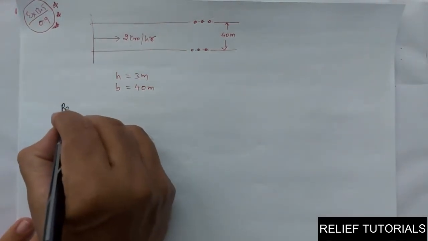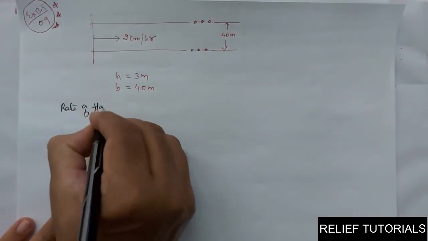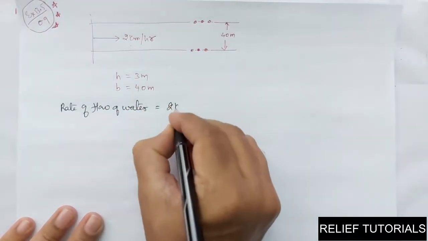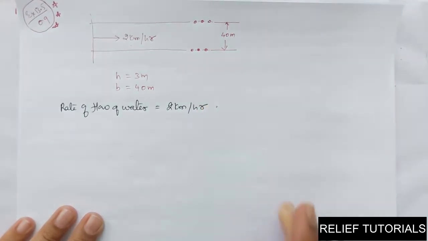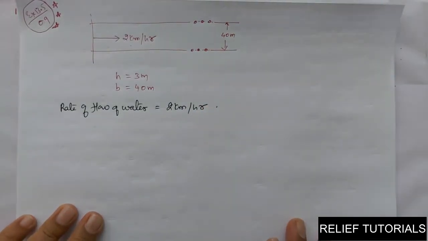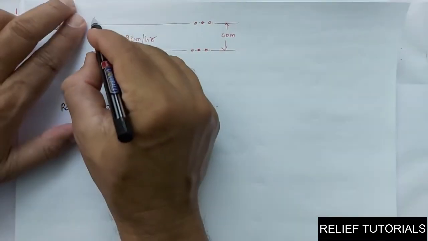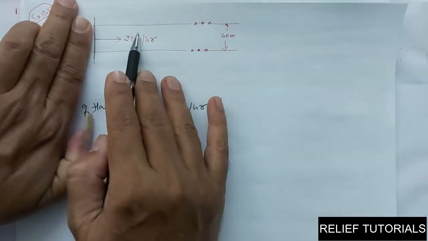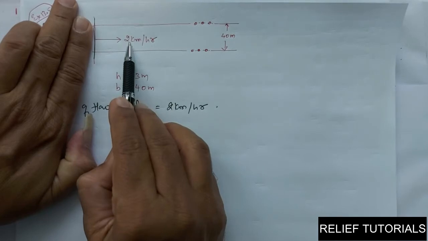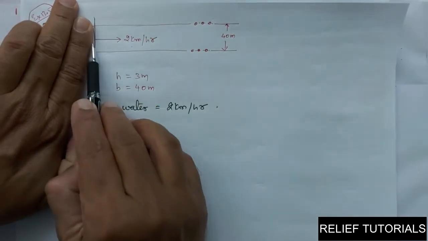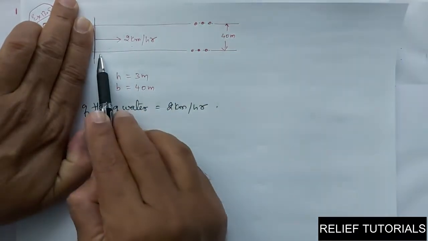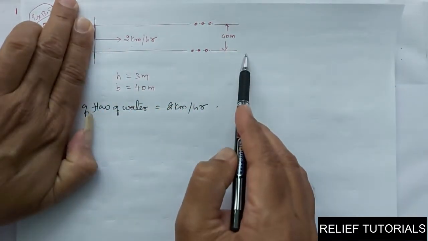So here it is given, the rate of flow of water is equal to 2 km per hour. What do you mean by this? I told you. See, if at this particular moment you allow the water to flow in this river and it is traveling at a speed of 2 km per hour, it means that in 1 hour the water will cover a length of 2 km.